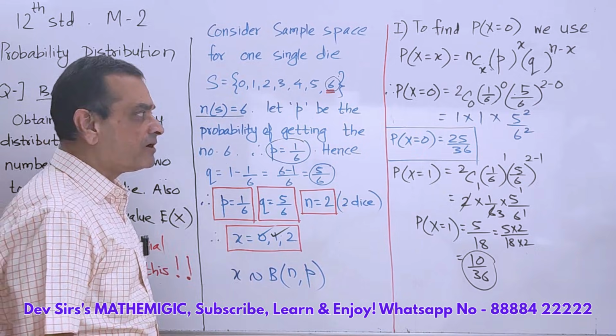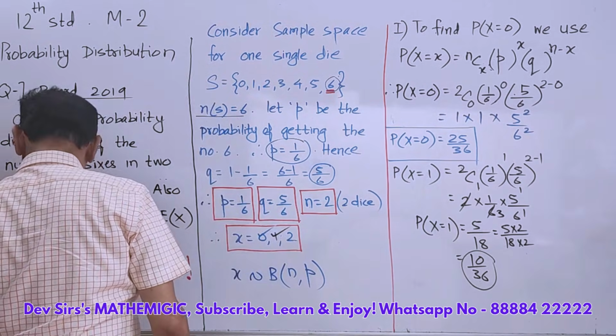Now finally P of x equal to 2. Let us solve.